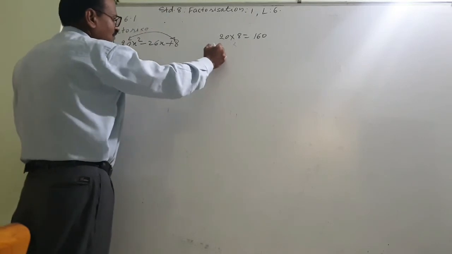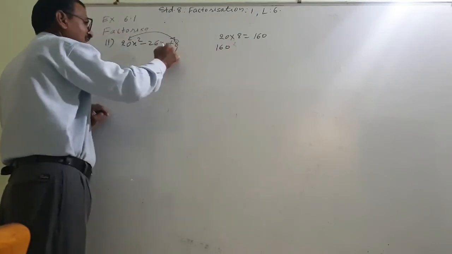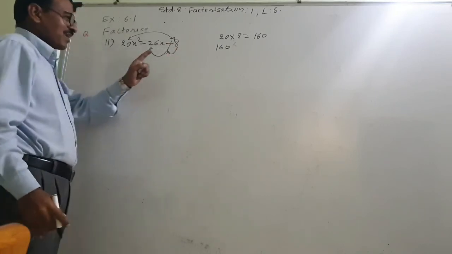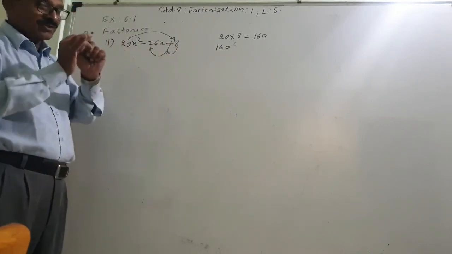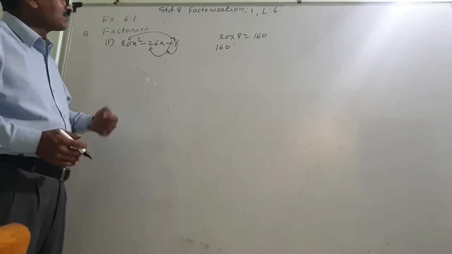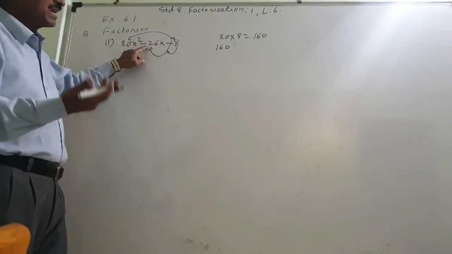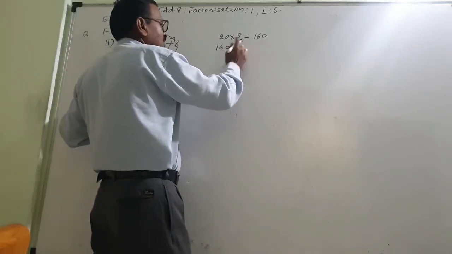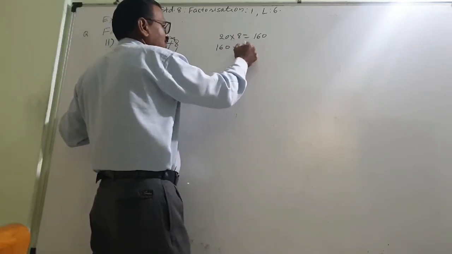Find the factors of 160 such that their addition is minus 26. Means I have to find the factors and add them. When I add, if both numbers have the same sign, I want 26 negative. So I will write this 160 is equal to 2 into 80.